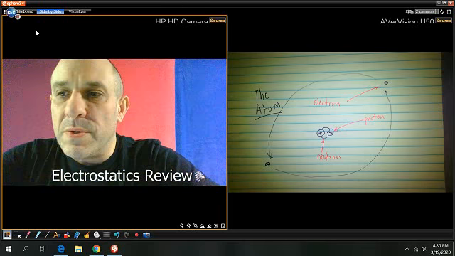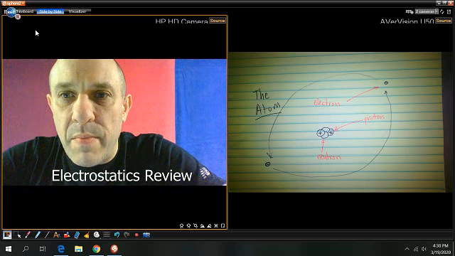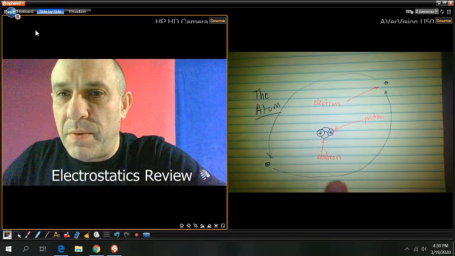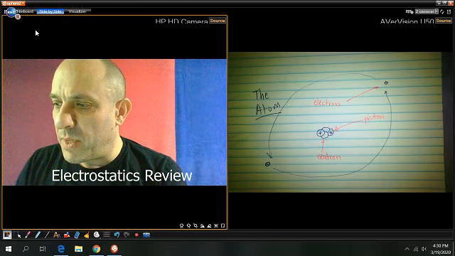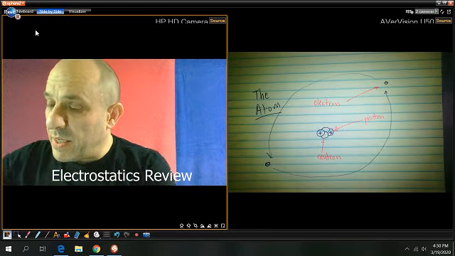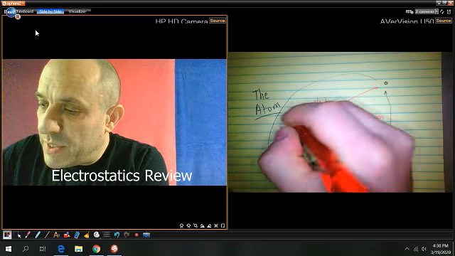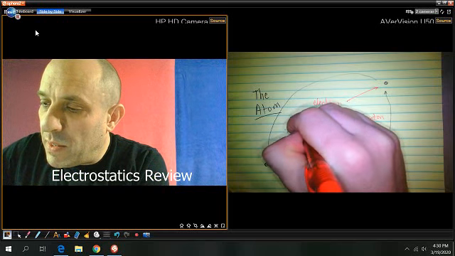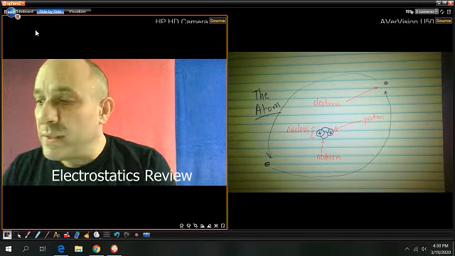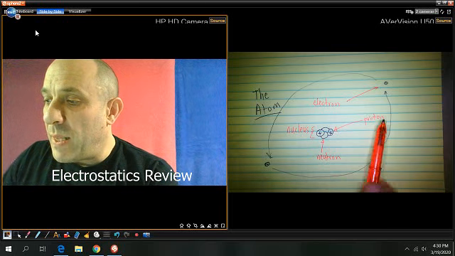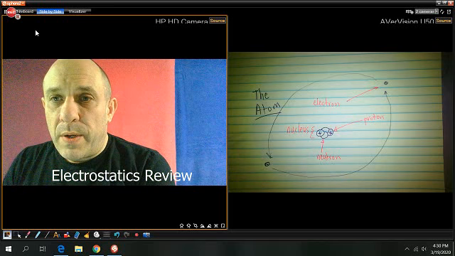Here's some notes I made. You might want to start putting this in your notebook. Here's a model of the atom. This is supposed to be circular, and I apologize for that. But we have the nucleus, which consists of protons and neutrons. The nucleus in the center is orbited by electrons.